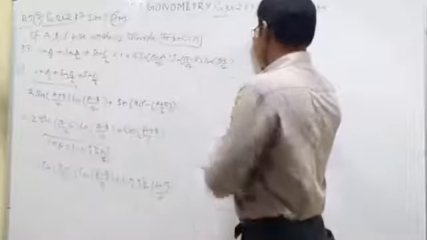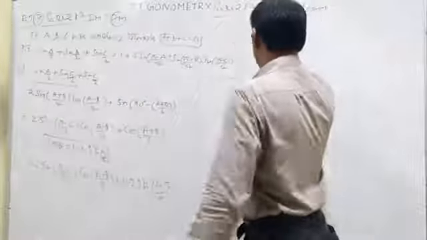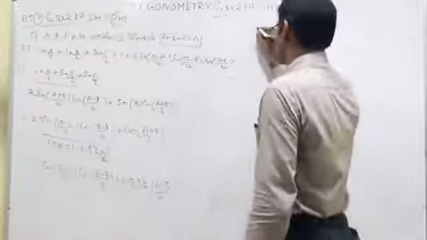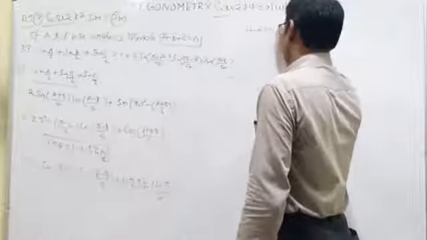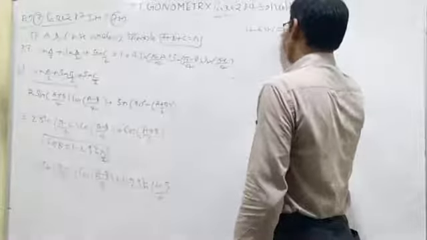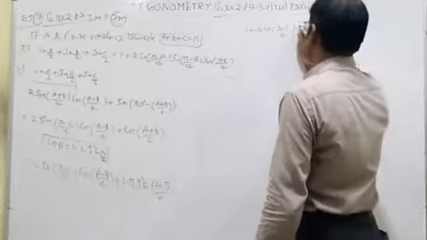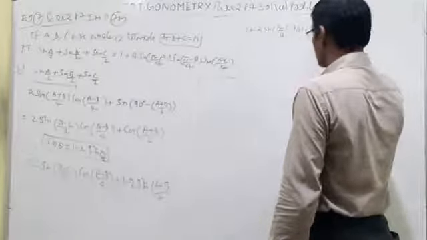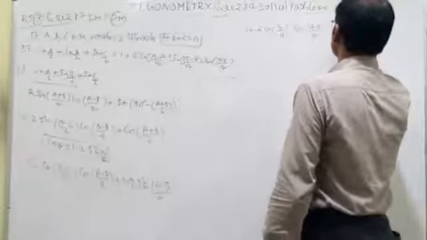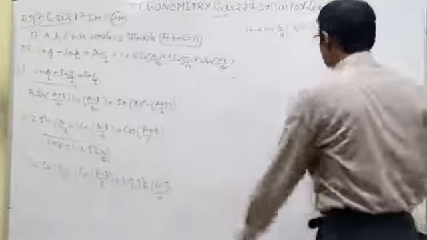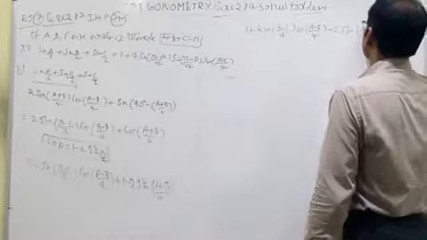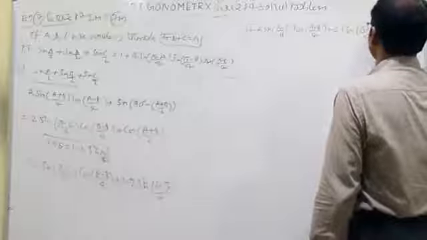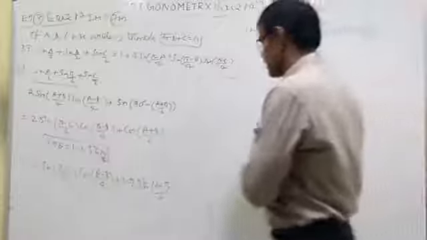That is equal to, first of all, one number I am writing aside, 1 plus 2 sin of (pi minus C) by 4 into cos of (A minus B) by 4 minus 2 sin square of (A plus B) by 4, which can also be written as (pi minus C) by 4, because A plus B plus C is equal to 180 degrees.